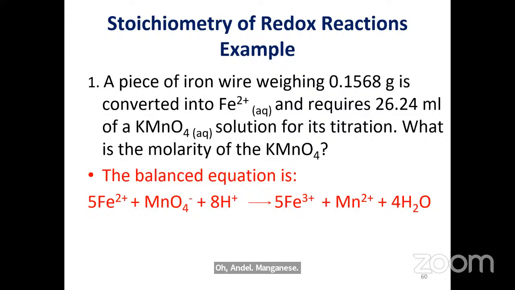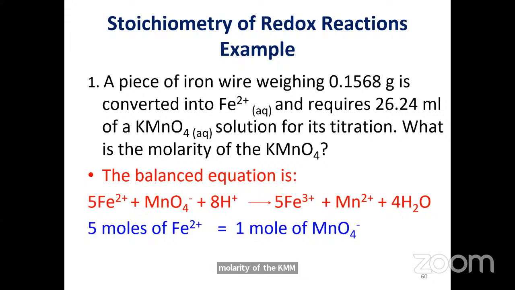So we are asked what is the molarity of the KMnO4. From the balanced equation, 5 moles of iron 2+ will react with 1 mole of the permanganate. This MnO4-, if we remove that minus, that is where we have the KMnO4, okay?